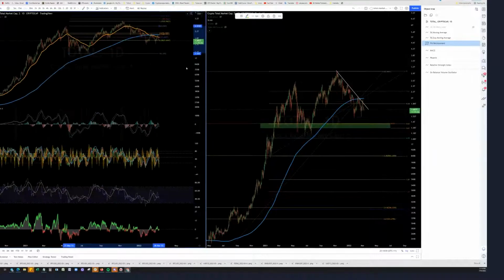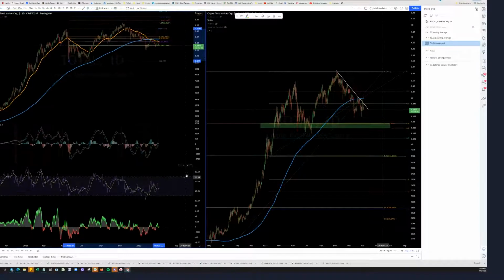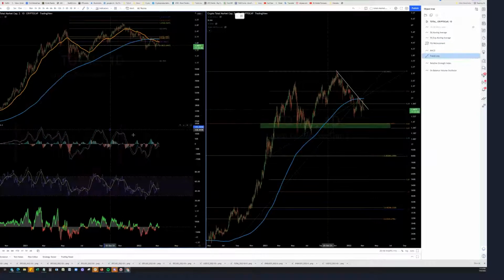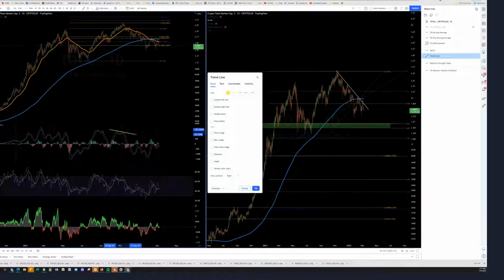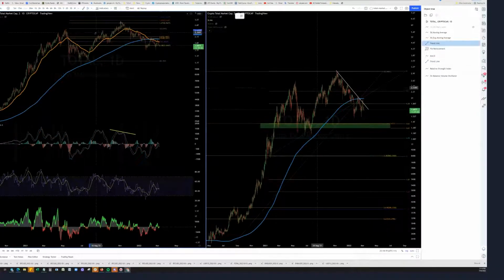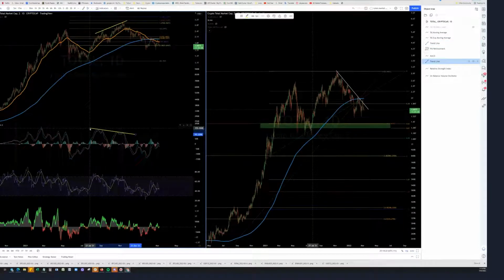And if you look at, all right, let's see, pick a chart there. You can see bearish divergence coming in. As it's going up, we are pretty much having a bearish divergence on the total market cap. That's pretty much the clue that we're going to drop.